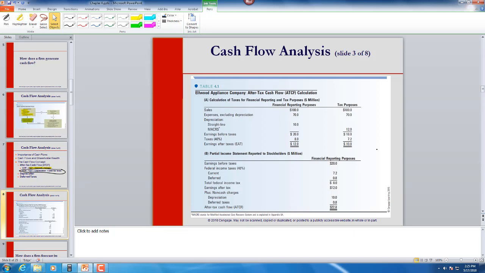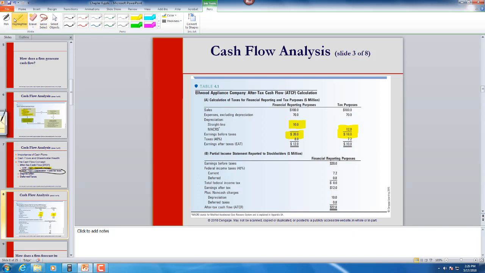Now, this is something I want to show you all. You see, this is what financial reporting purposes is. That means you depreciated using the straight line method here, wherein you depreciate saying I'm only paying 10 million as depreciation, but MACRS allows you to deduct 12. Now, what happens when you deduct more depreciation? You see your earnings after taxes becomes lower when you use MACRS.